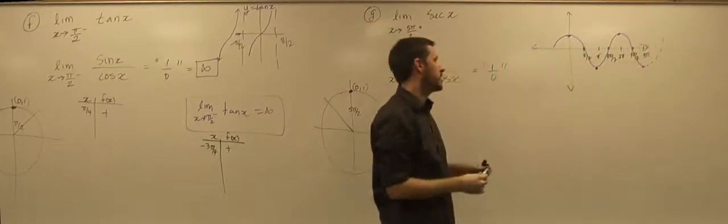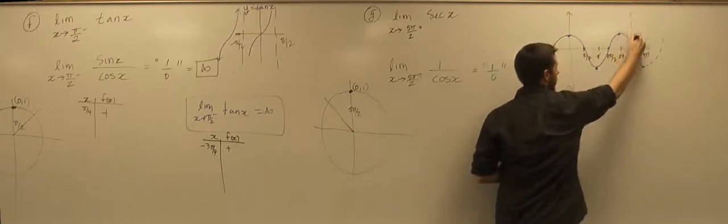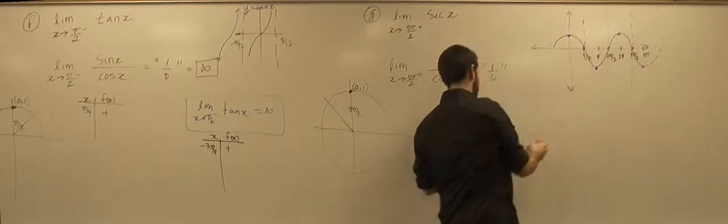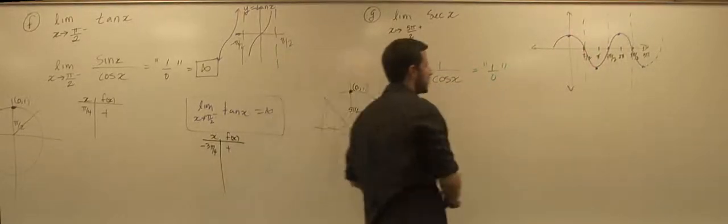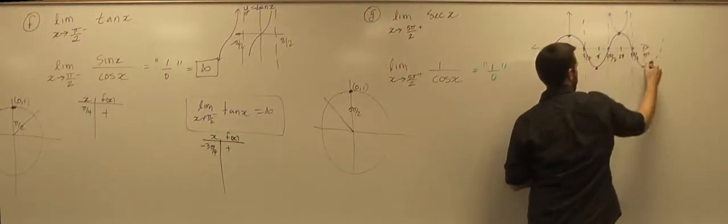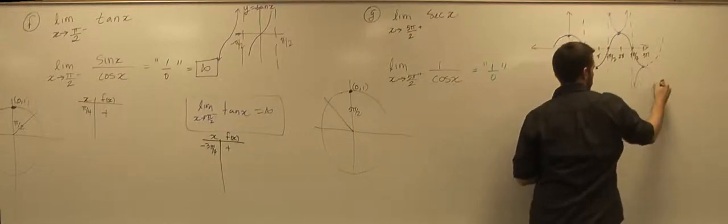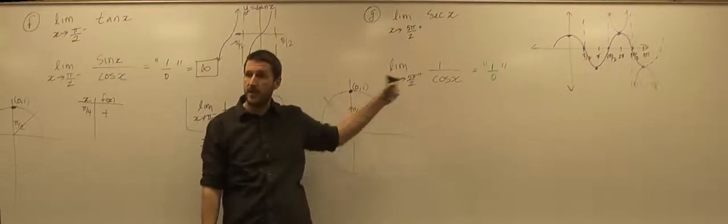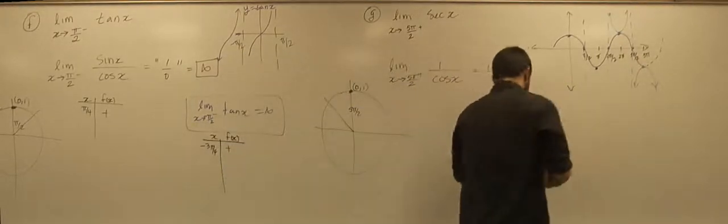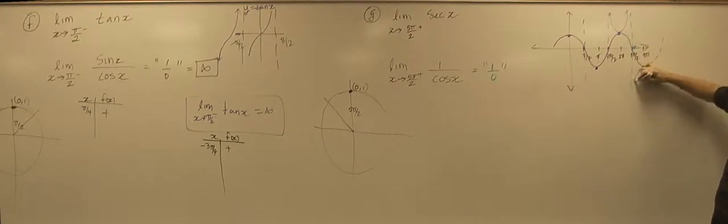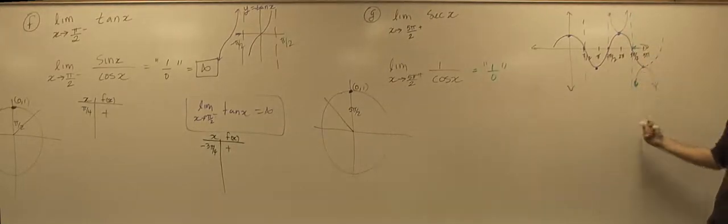And so your secant function, if you remember the way secant works, since it's 1 over cosine, all the zeros become asymptotes. And so these bumps get flipped up. Since we're coming from the positive side, we actually want to focus on this portion over here, the positive side of 5 pi over 2. And the positive side of 5 pi over 2 is actually putting us down to negative infinity.